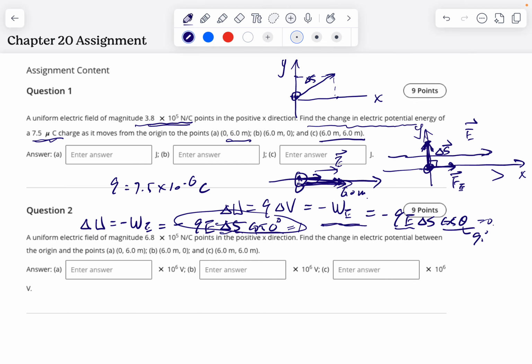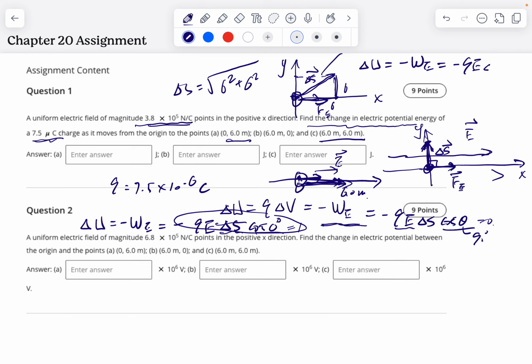From origin to here, this is your displacement, and this is your electrical force. The potential change equals negative QE times delta S. This is 6, this is 6. The magnitude of displacement, delta S, equals the square root of 6 squared plus 6 squared, the hypotenuse of a right triangle.